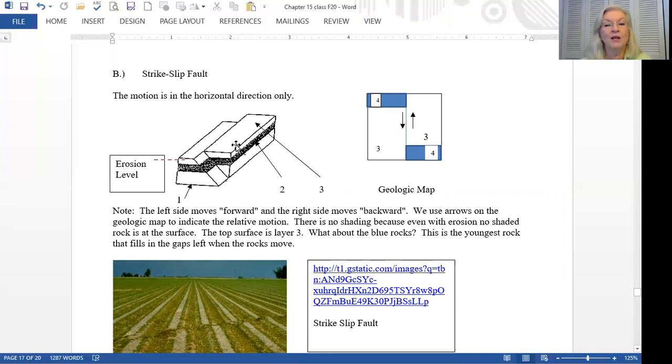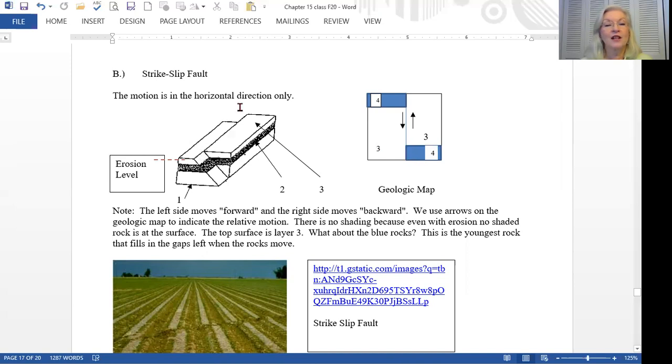The one on the right, which is the hanging wall block, goes into the page away from us. So here is our fault line. Because there's an empty spot on the right-hand side where the rock moved away from us, there's a line there.